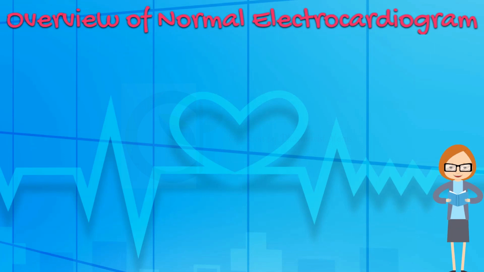The different waves that comprise the ECG represent the sequence of depolarization and repolarization of the atria and ventricles. Because the recording speed is standardized, one can calculate the heart rate from the intervals between different waves. Let's discuss normal ECG waves, intervals, segments, and their duration values in detail.